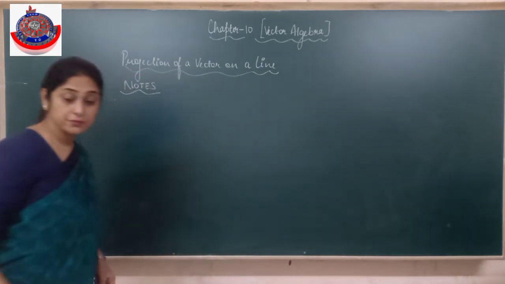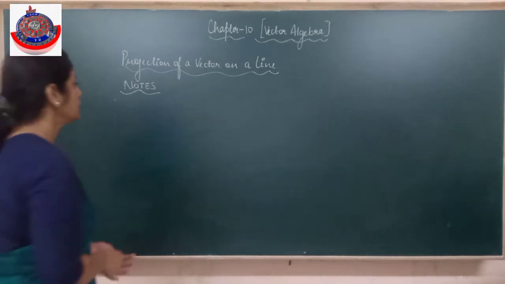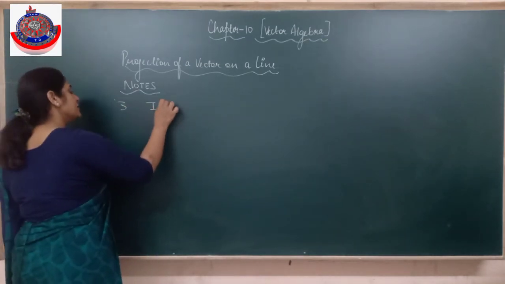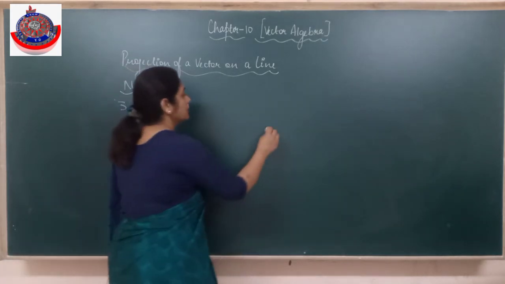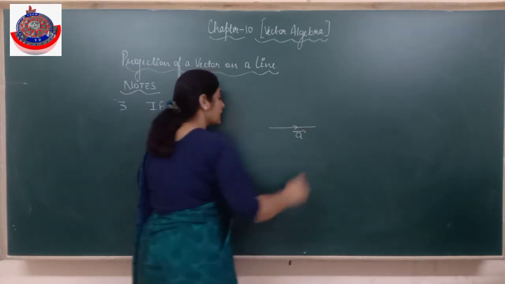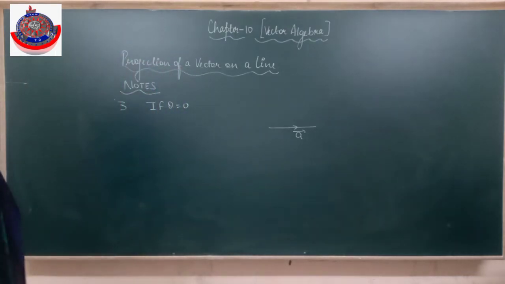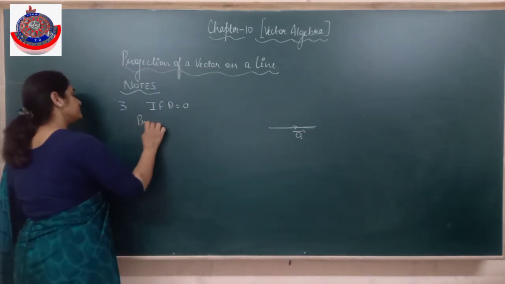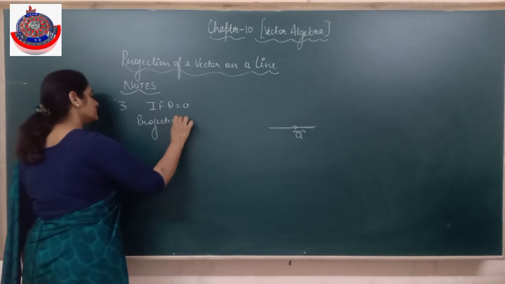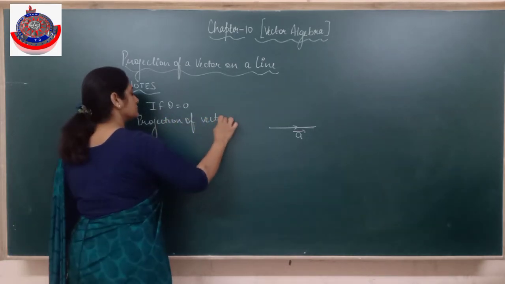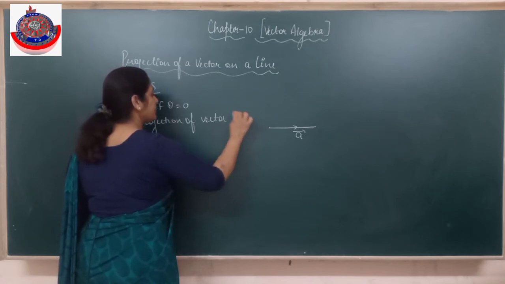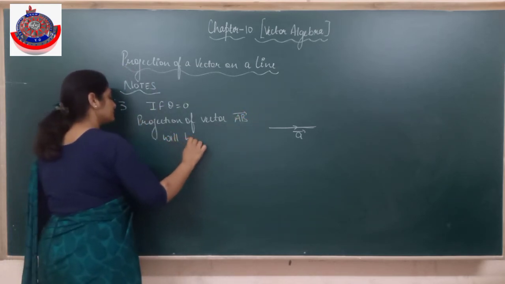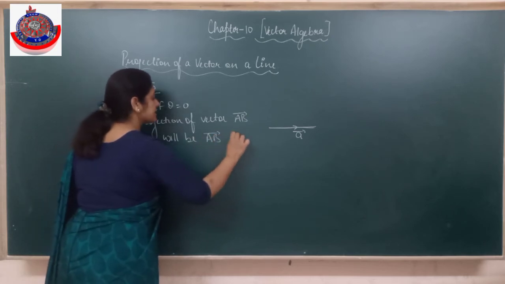Fine. The third point is, if theta is 0, what will happen? The projection of vector AB will be AB itself, meaning it makes a 0 angle with itself.